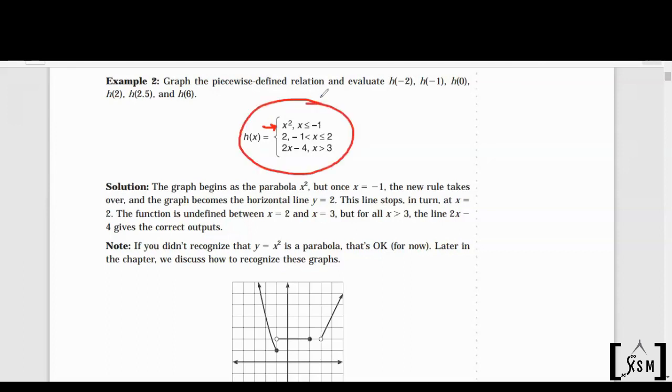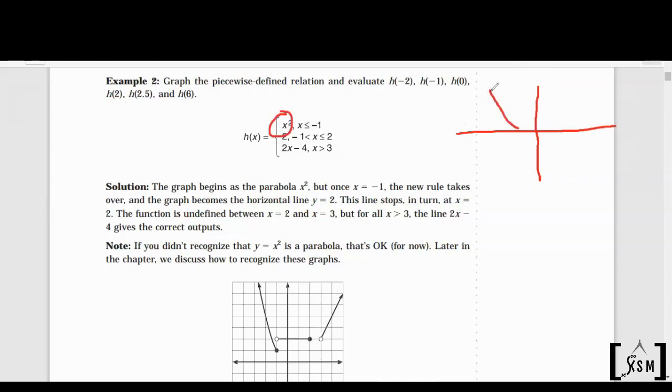Okay, fine. So first of all, we start with drawing the first function, which is x square. So basically you have to draw a function which is quadratic, basic quadratic graph. But this quadratic graph is only defined when x value is less than or equal to negative 1.